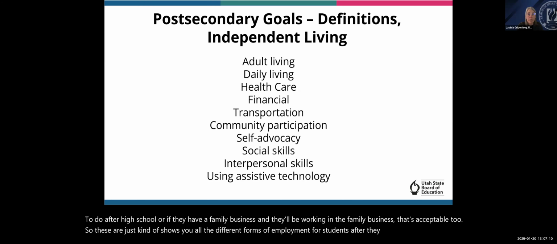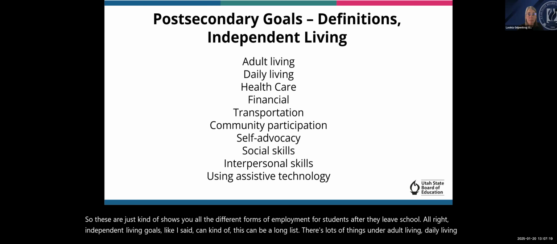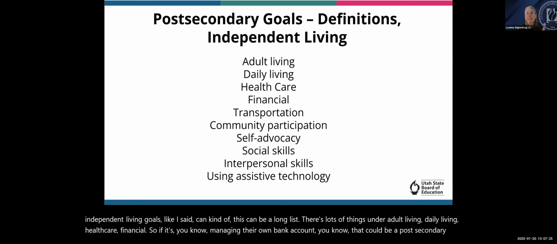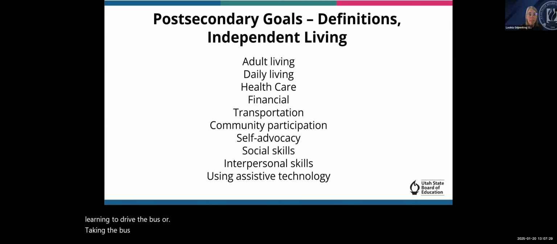All right, independent living goals, like I said, this can be a long list. There's lots of things under adult living, daily living, healthcare, financial. So if it's managing their own bank account, that could be a post-secondary goal. Learning to drive the bus or taking the bus by themselves to their college classes, that could be considered an independent living goal.